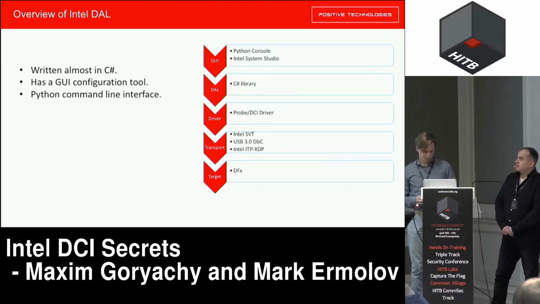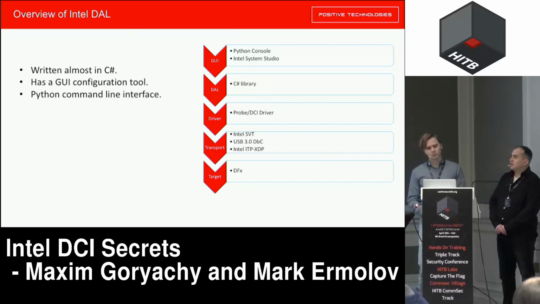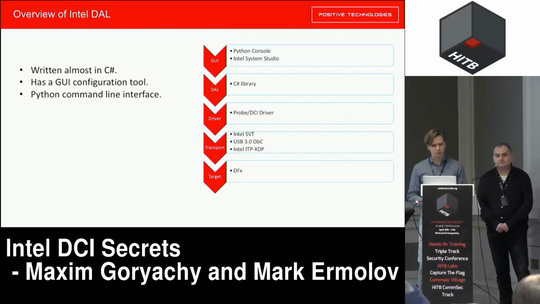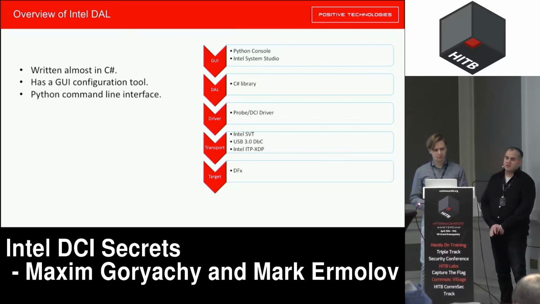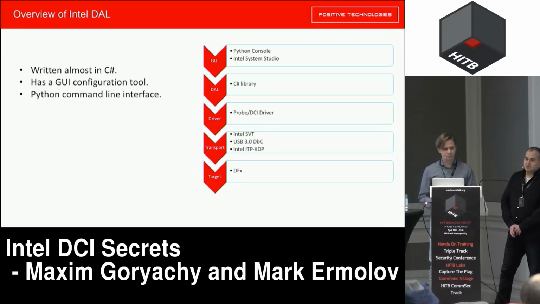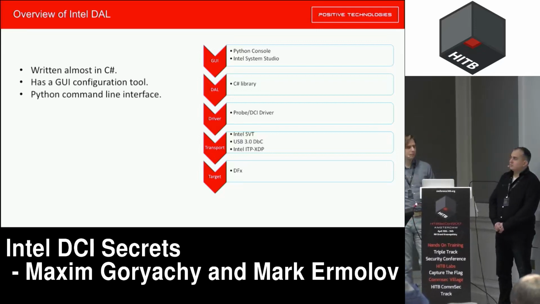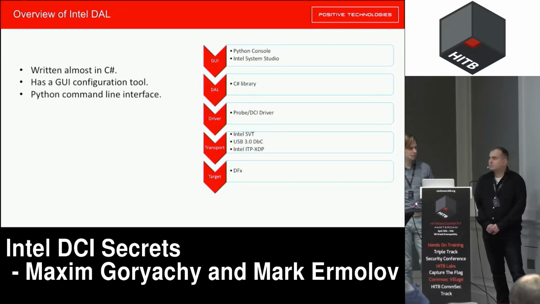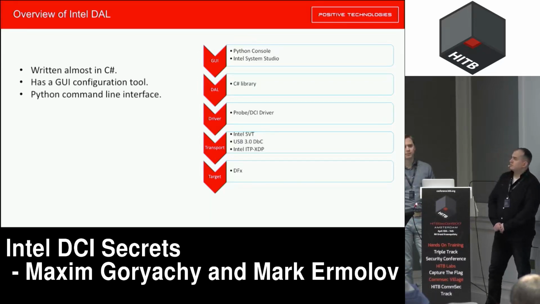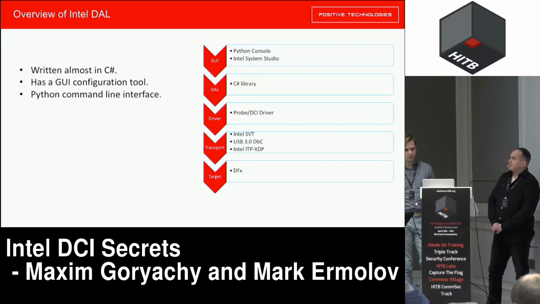DAL has a Python command line utility called DAL CLI. It has a subset of classes wrapping DAL functionality. You can do more with the Python CLI. Also, DAL has a GUI configuration tool to set up the target platform.